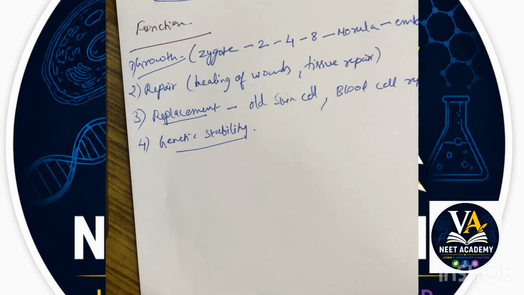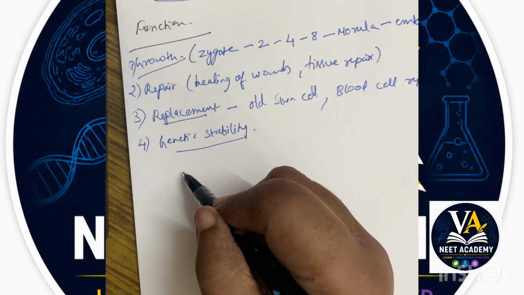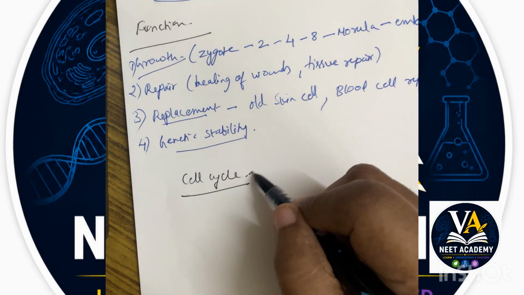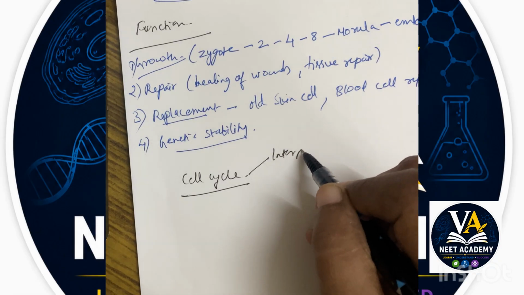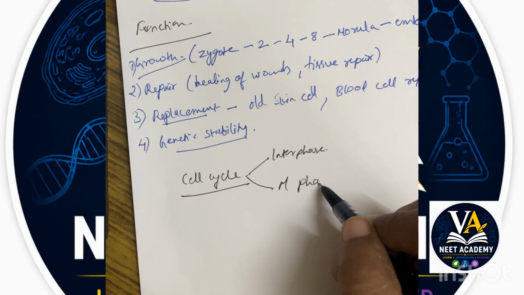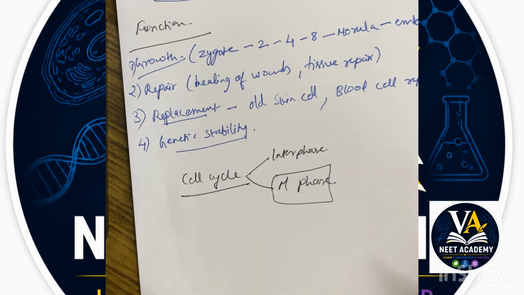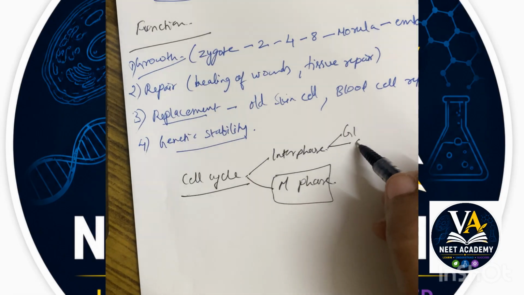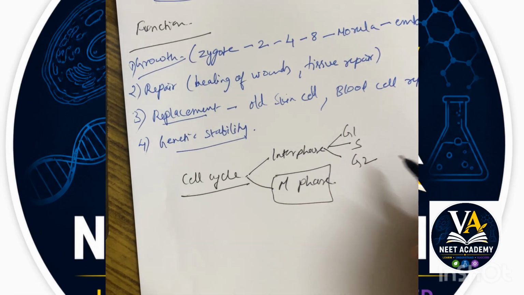Now before going into mitosis, I want you to just revise the cell cycle that we saw yesterday. So the cell cycle has interphase, and then M phase, and this M phase is what we are going to see today, that is the mitotic phase. Interphase has G1 phase followed by S phase and then G2 phase.